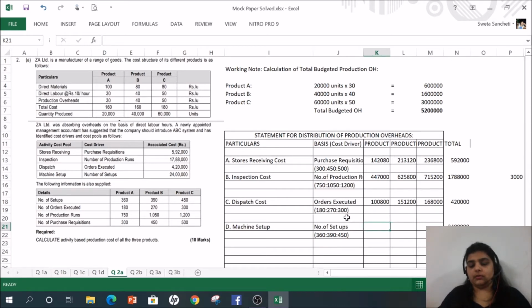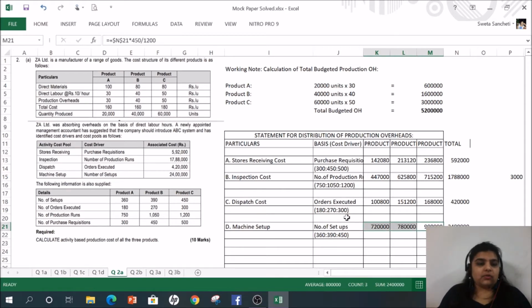So here 24 lakhs into 360 divided by 1200. Similarly, for these two, it would be divided by 390 and this would be 450.